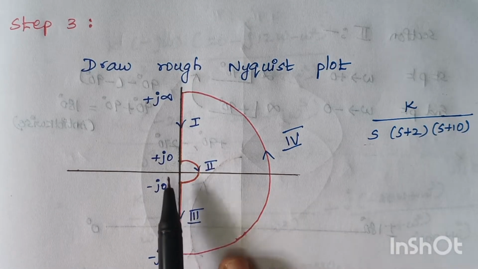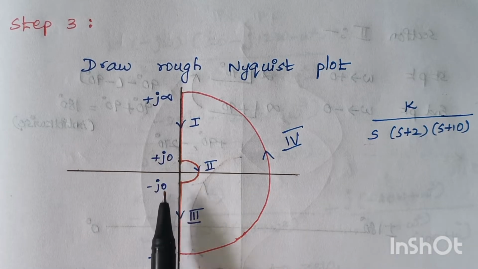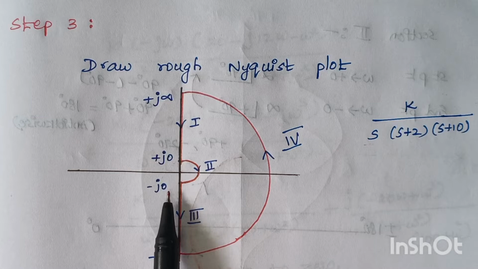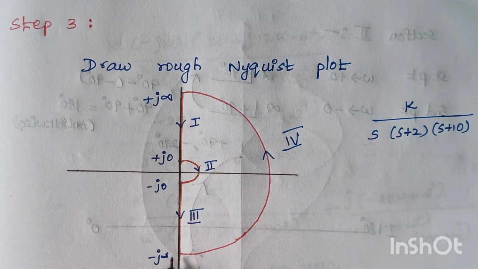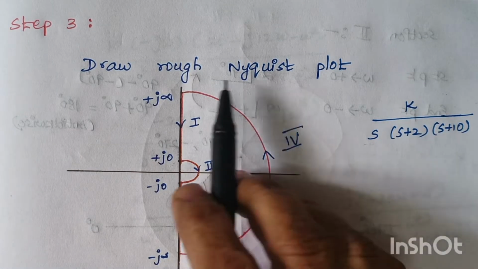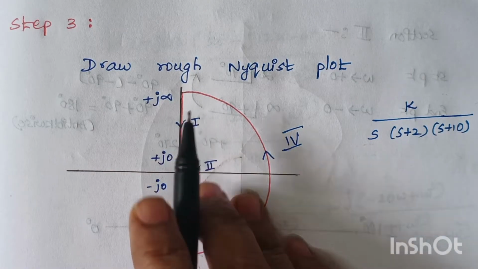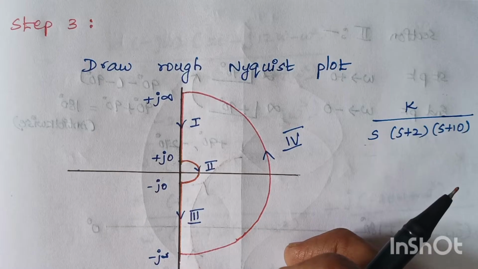Section 2 starts at plus j 0 and ends at minus j 0. Section 3 starts at minus j 0 and ends at minus j infinity. And the fourth section starts at minus infinity and ends at plus infinity. This is the method to draw the rough Nyquist plot.